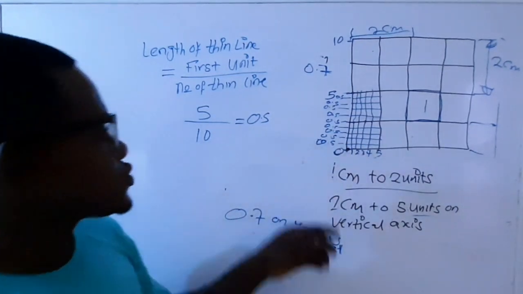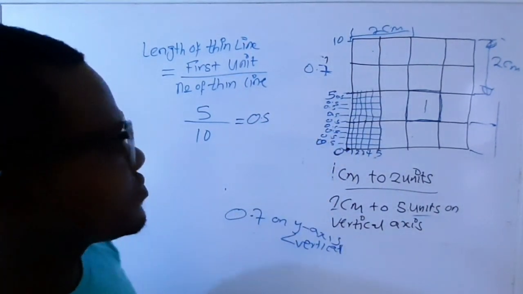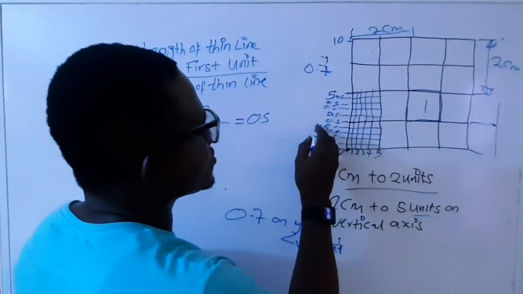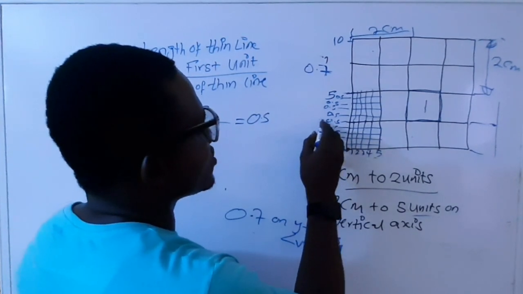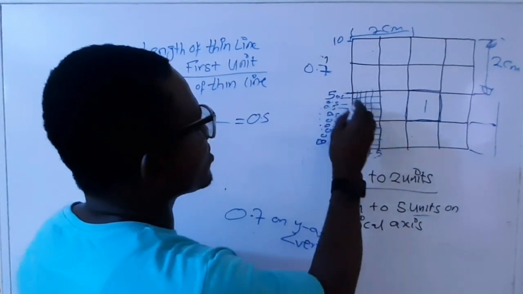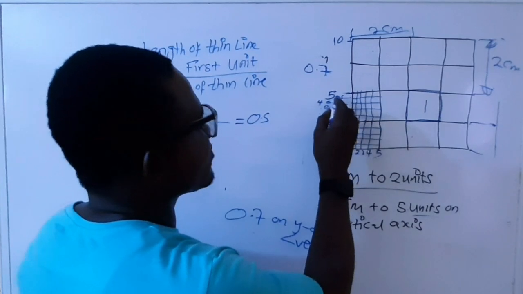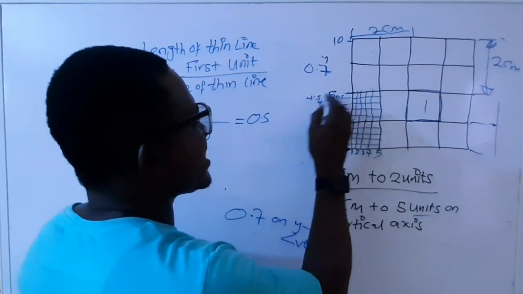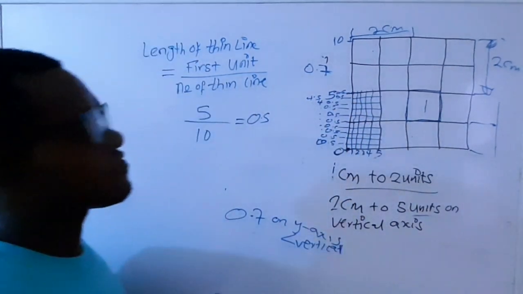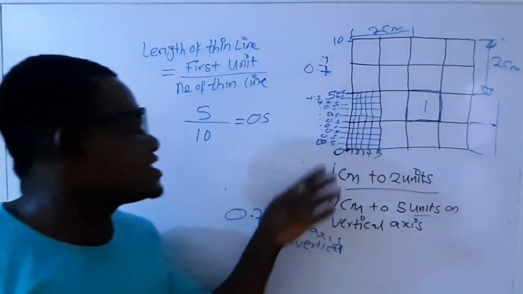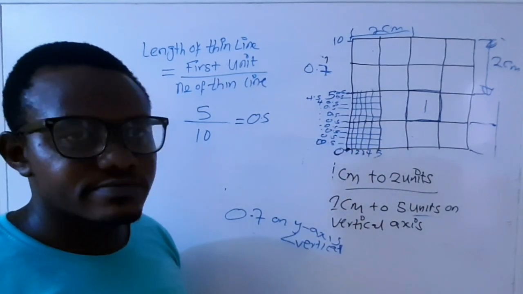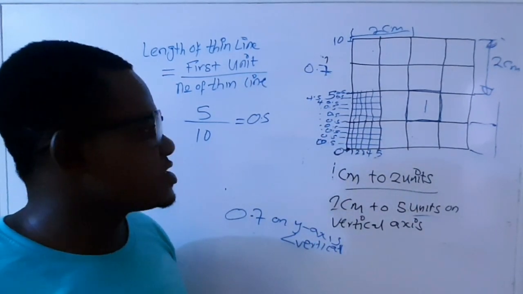So 0.5 plus 0.5 gives you 1, plus 0.5 is 1.5, plus 0.5 is 2, plus 0.5 is 2.5, plus 0.5 is 3, plus 0.5 is 3.5, plus 0.5 is 4, plus 0.5 gives you 4.5. You now add the 0.5 that is here to it. So that will make it 5. You see now, each small line, each thin line, is 0.5. Do you see the logic now?